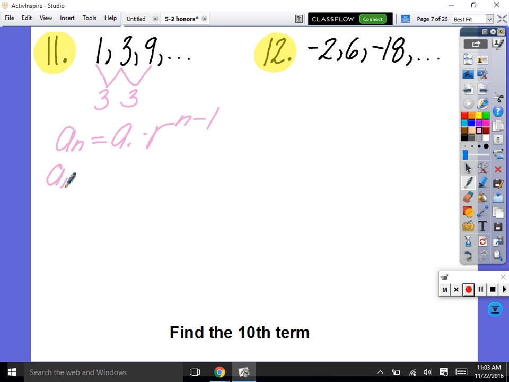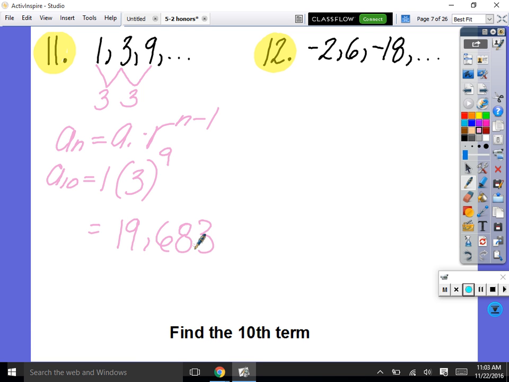So a sub 10 is equal to a sub 1, the initial term, which is 1, times the common ratio of 3. So we're multiplying 3 how many times to get to the 10th term? We have 10 minus 1, which is 9. Does everybody see how if we started with 1, we would have to multiply 3 nine more times to get to that 10th term? Okay, so number 11 will be 19,683.